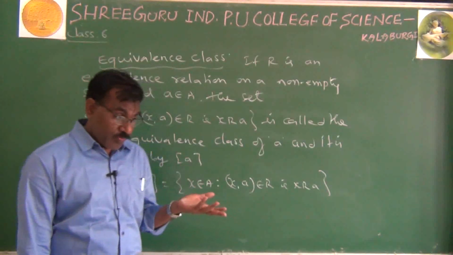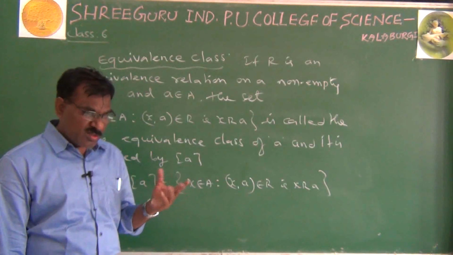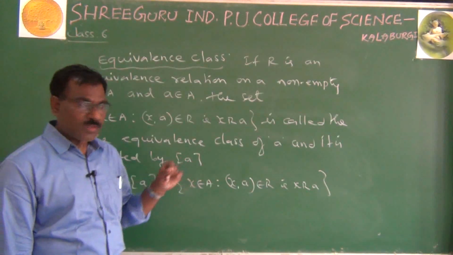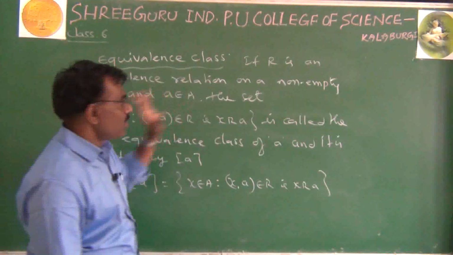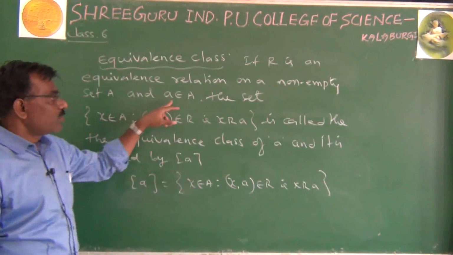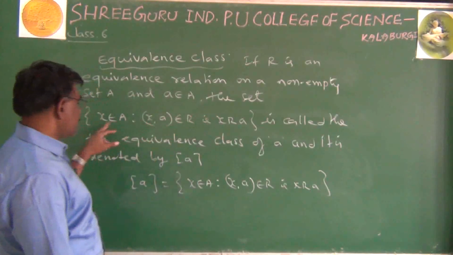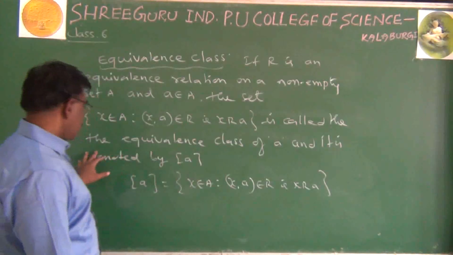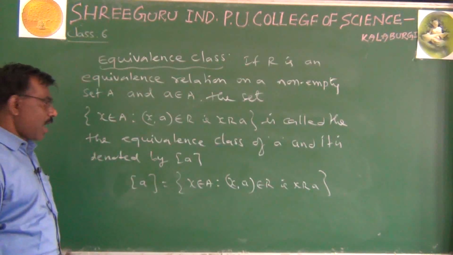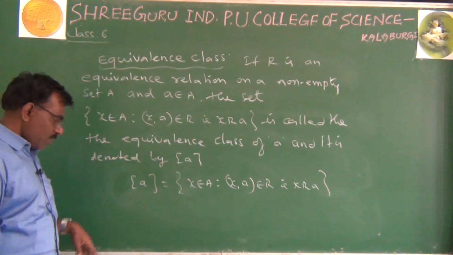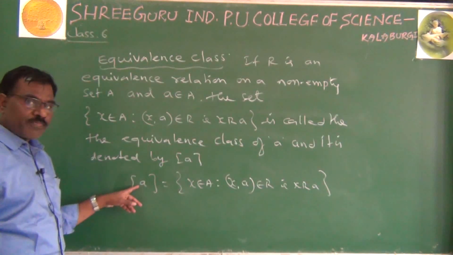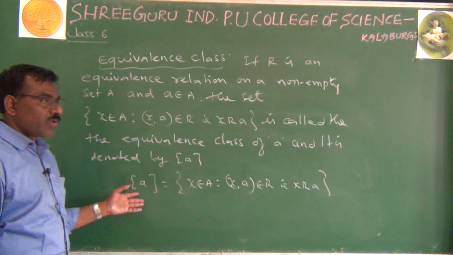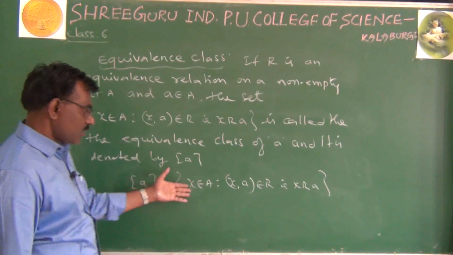So this textbook is not given correctly. It is: if R is an equivalence relation on a non-empty set A and a belongs to A, the set of x is called the equivalence class of a, and it is denoted by this. But be careful, do not confuse it, it is not the greatest integer. So it is the equivalence class of a, {x belongs to A such that (x, a) belongs to R}.